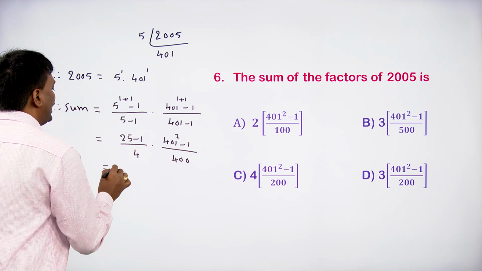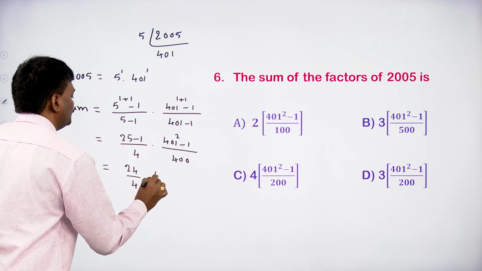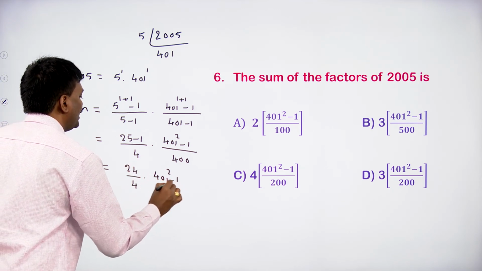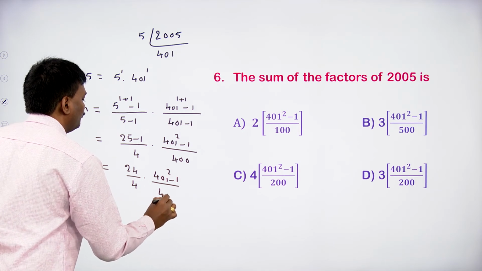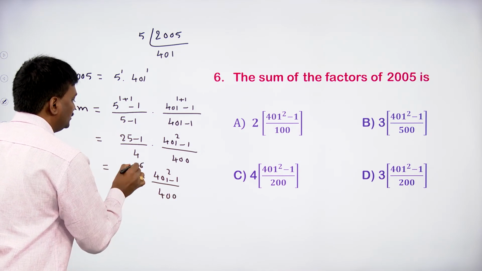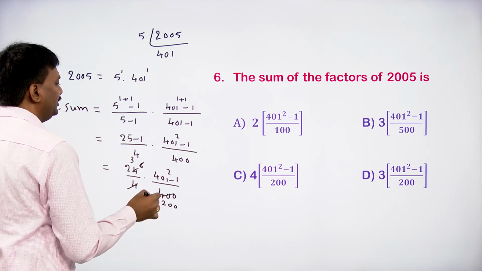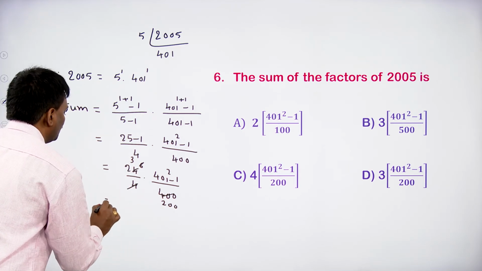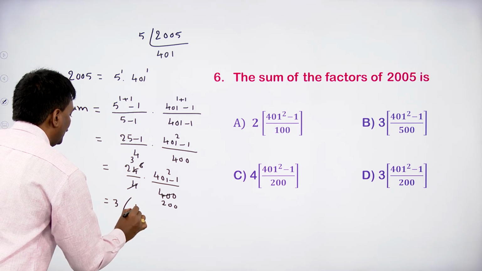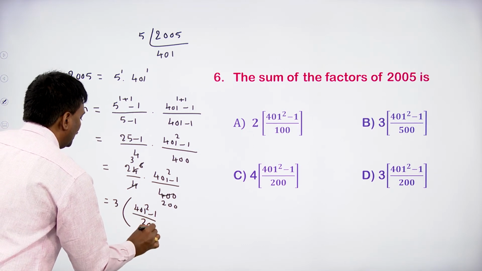So 25 minus 1 is 24 by 4 into 401 square minus 1 by 400. 4 sixes are 24, again 2 threes are 6, 200 times cancel. So we can write 3 into 401 square minus 1 by 200.